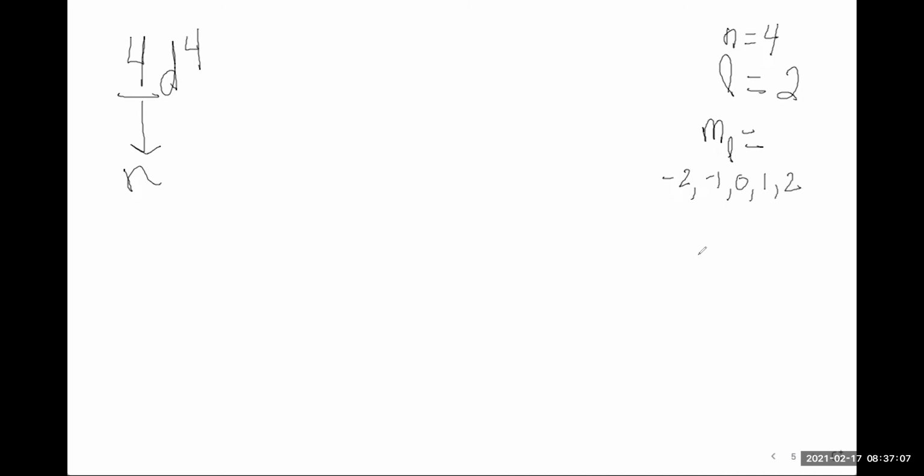And our last one? Spin. Do we know that one right now? No, we don't know that one. We have to make sure we draw everything out. So our range is from -2 to 2.